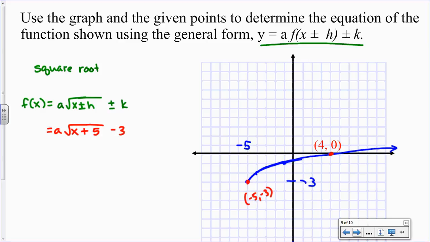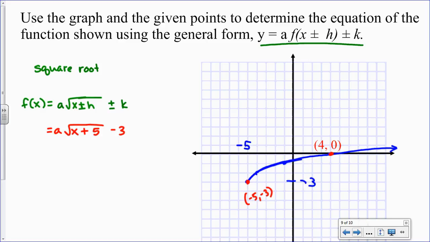Okay, well first of all, did I reflect this at all? No, because if you reflected over X, it would look like this. If you reflected over Y, it would look like this. Okay? So I didn't reflect at all, so I know that there's not a negative out front. But I need to see if I had a stretch or a shrink.